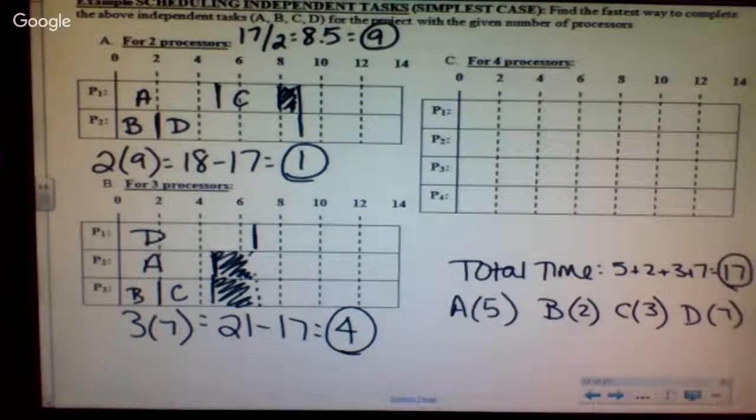Okay, last one, C. 4 processors. I have 17 hours. That means each processor should work 4.25 hours. So, can they work 4.25?